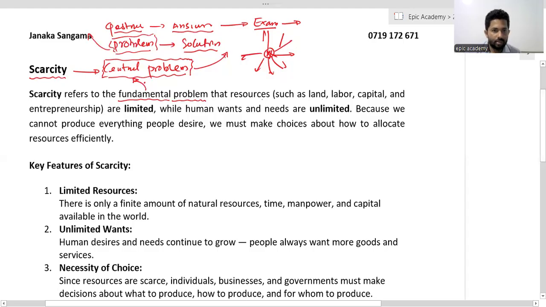Resources are limited. But unfortunately, wants are unlimited.